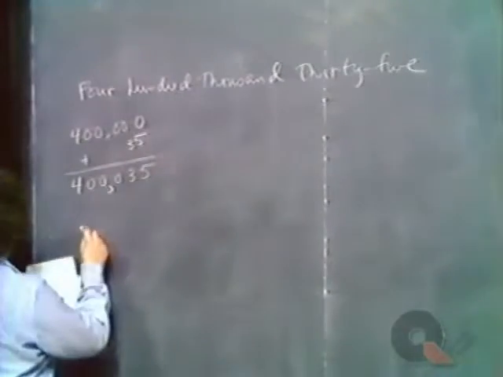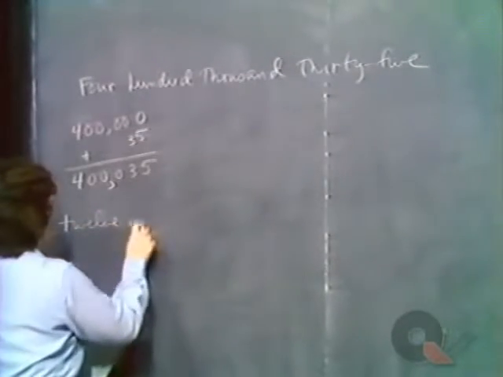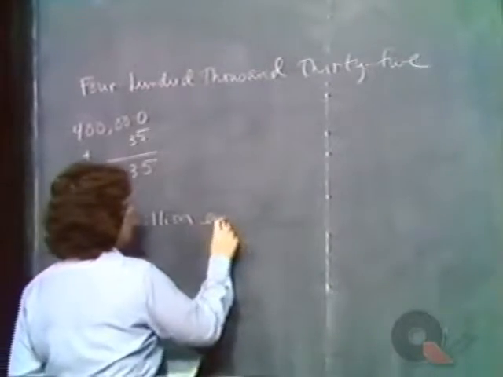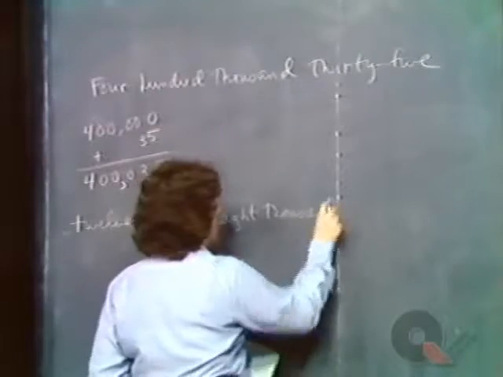Okay, let's try another one. 12,000,000, 8,000, 4.